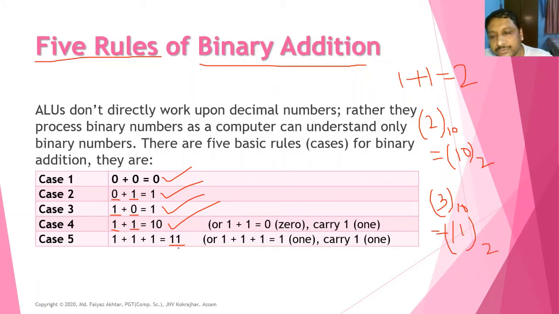If we are doing addition and 1 plus 1 comes, then we have to write 0 in that column and carry 1 to the next column. And if we find 1 plus 1 plus 1, then it will become 11, but we have to write 1 and carry 1 to the next column. We will see this in an example here.